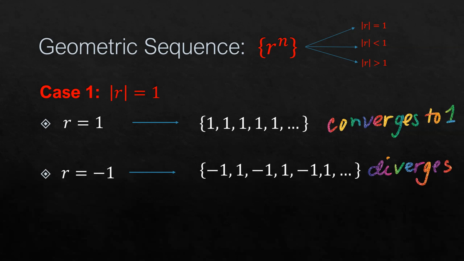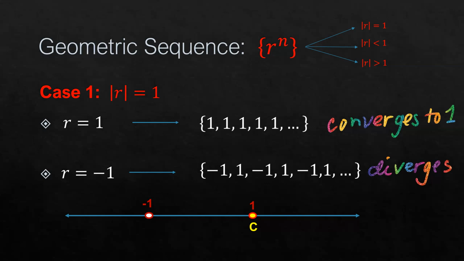Now, to me, I like to visualize this on a number line. So I'm just going to go ahead and draw the number line and see what the three cases are, right? So case number 1 is when the absolute value of r is 1, meaning when r is at 1 or -1. And as we have seen, when r is 1, the sequence converges to 1 because that's all it is, just 1, 1, 1, 1.